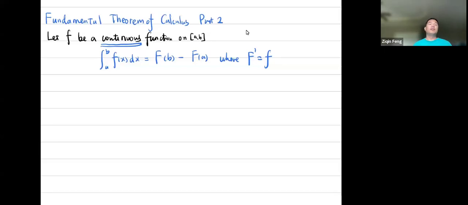So to evaluate a definite integral, you don't have to go through the long evaluation of a very complicated limit at infinity. All you need to do is figure out the antiderivative of this function f. Then you plug in b and plug in a, and do a subtraction. So now let's go to our examples.